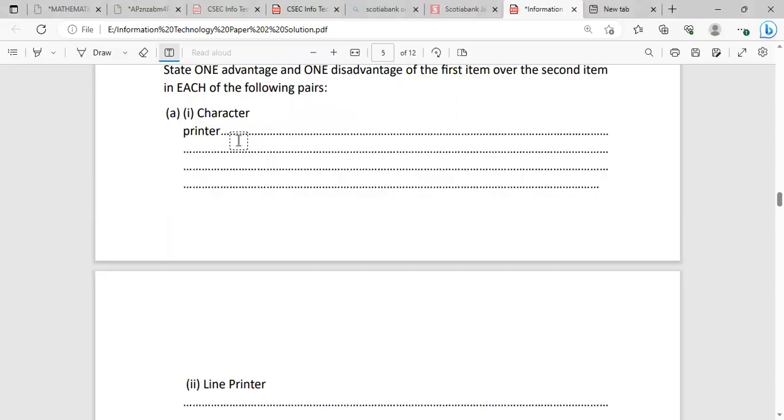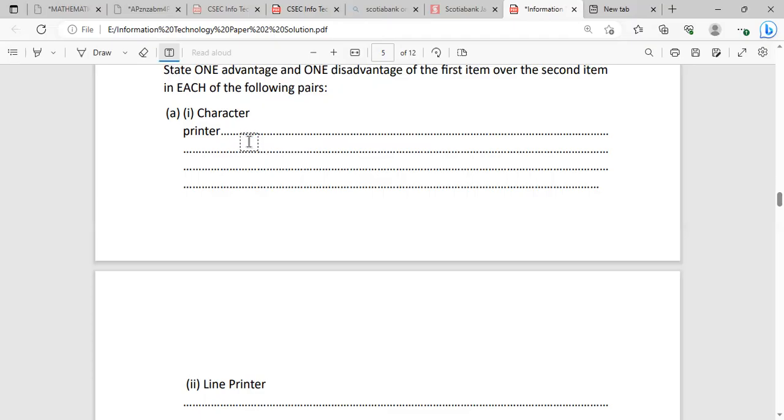All right, this one says state one advantage and one disadvantage of the first item over the second item in each of the following pairs. So what they want you to do is state one advantage of the character printer versus the line printer, and also one disadvantage. Notice they say first over last.